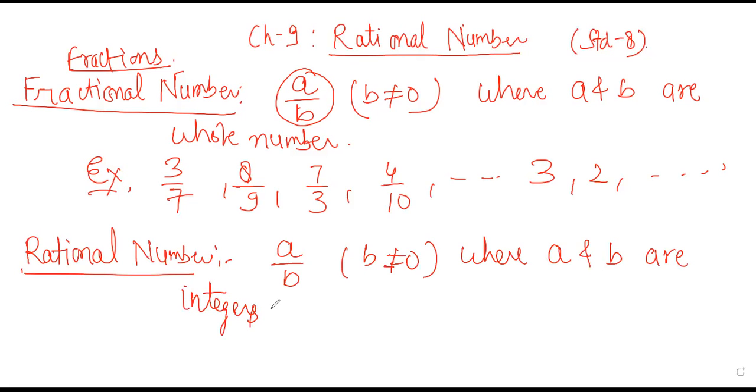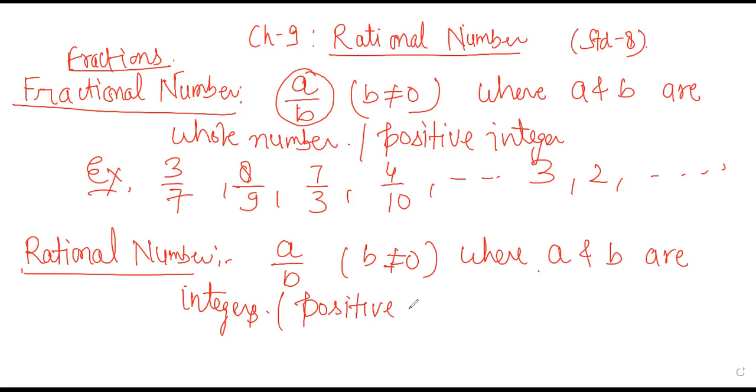This is the main difference. In fractions, a and b are whole numbers, and b cannot be 0. Here in rational numbers, a and b are integers, that means positive and negative.